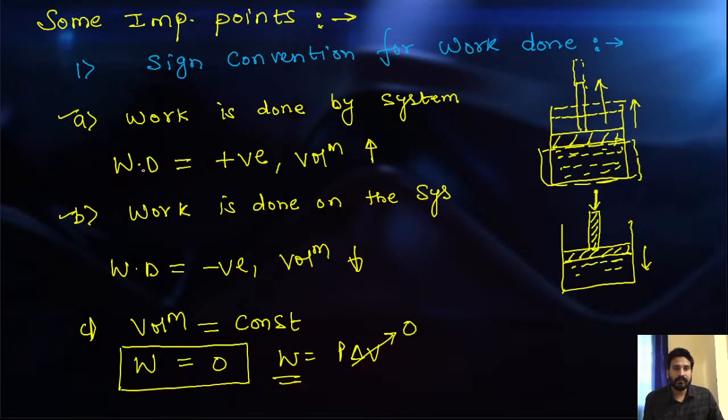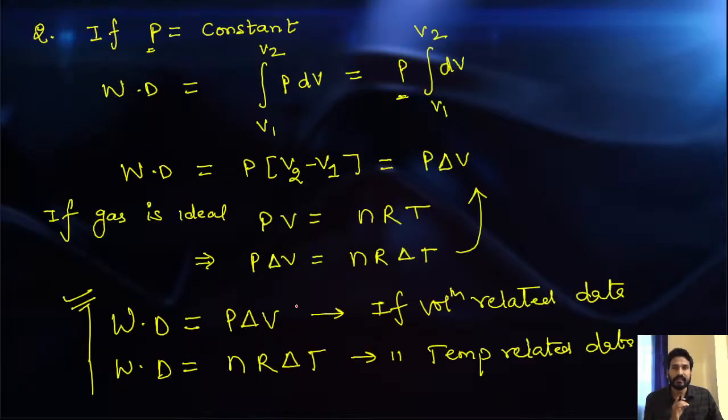Today we also continue these important points, and in these important points we have discussed the sign convention. Work done by the gas is considered positive, work done on the gas is considered negative. If volume is constant, then there will be no work done, right? Is it clear to you?